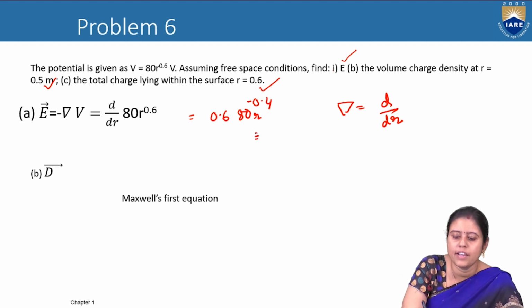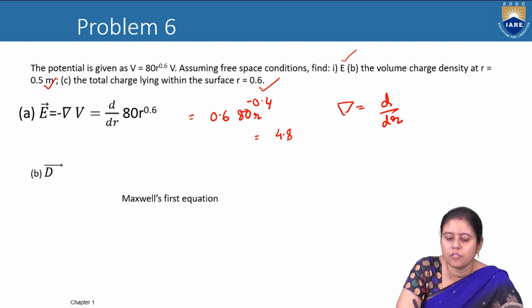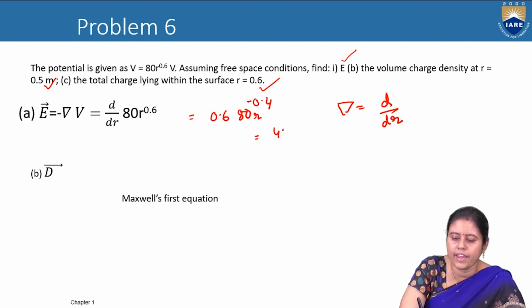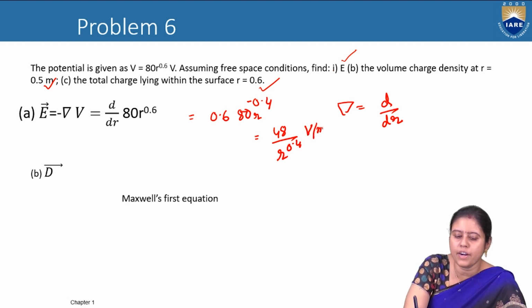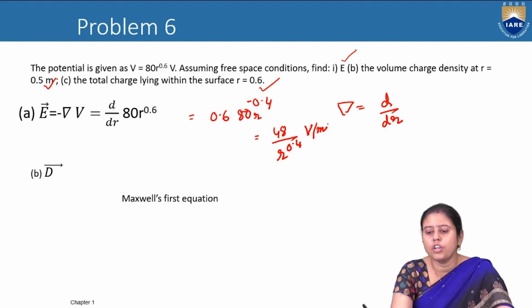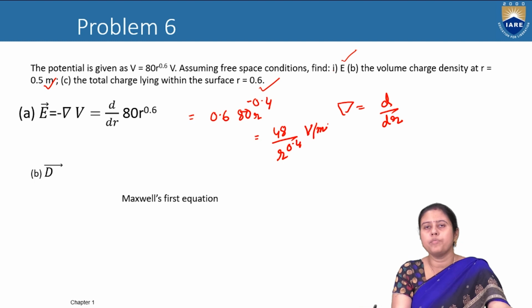We can write 0.6 into 80 is 48. So E is equal to 48 by R to the power 0.4. And what is the unit? Volt per meter. Next, calculate the volume charge density at R is equal to 0.4 meter.